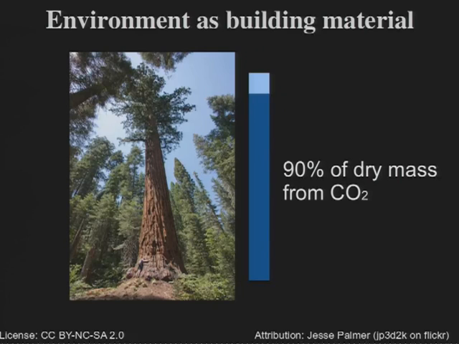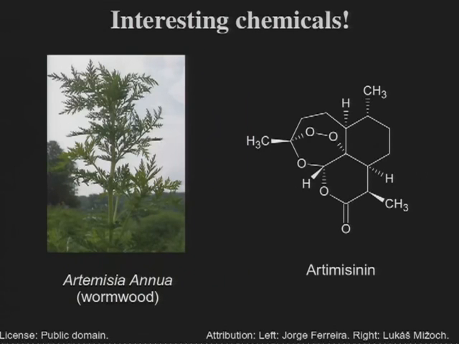So you can build quite large devices from just the gases surrounding you. We can produce some interesting chemicals, or nature can produce some interesting chemicals. This is a type of wormwood, and this plant contains artemisinin, which is an antimalarial drug.